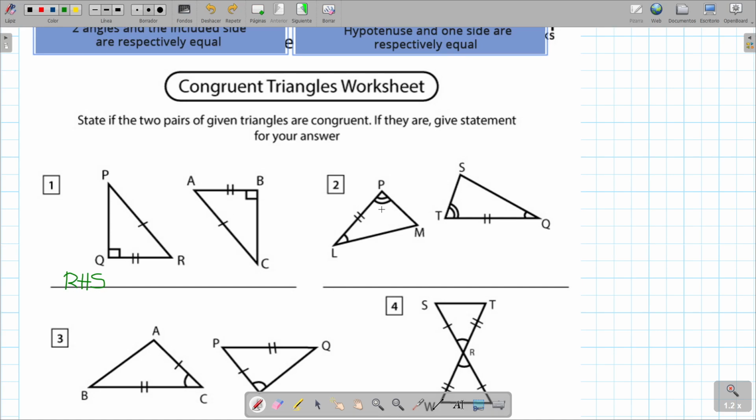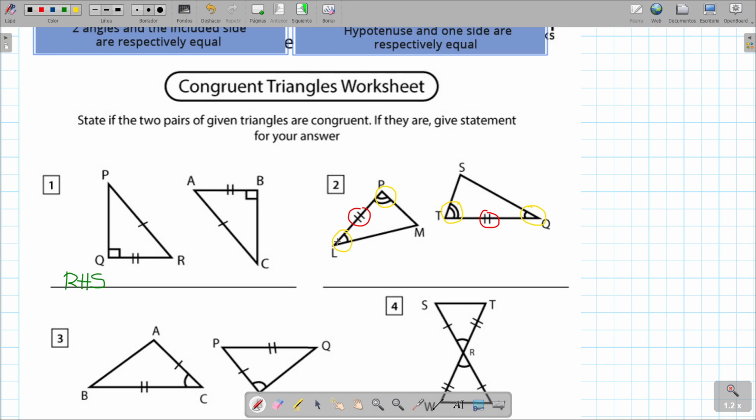Here we need to check what we have. We have one side, and this side, if you realize, is between two angles. We have this angle here and this angle here, and this side between these two angles, and here we have the same.